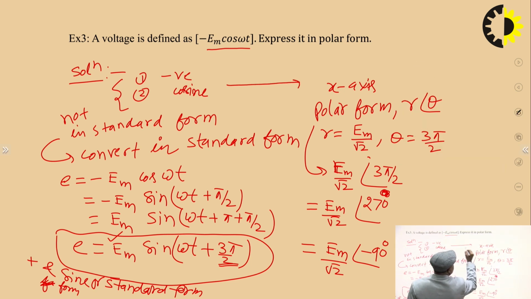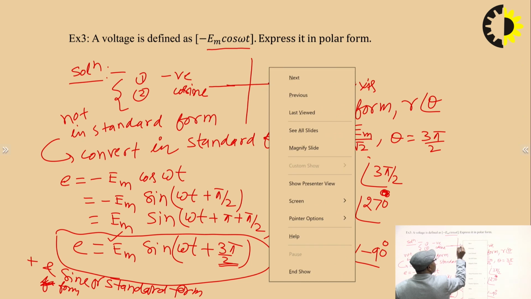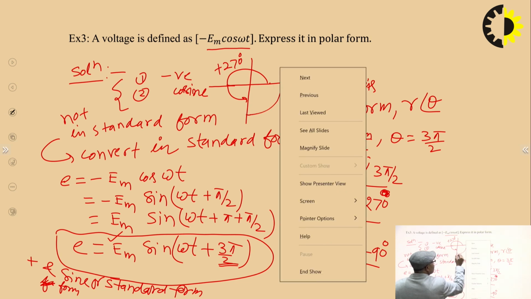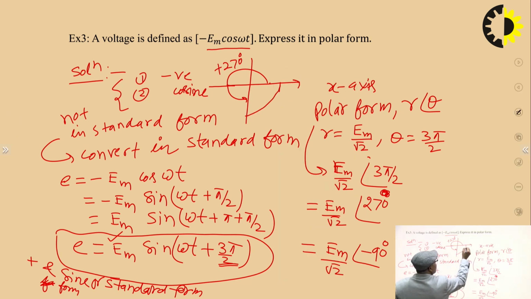Okay, this is the positive x-axis, and suppose we have to show plus 270, meaning we are measuring above the x-axis. So 270 is 90 plus 90 is 180, plus 90 is 270. So this angle is plus 270 degree. And if we measure the same angle below the negative x-axis, this is minus 90 degree.